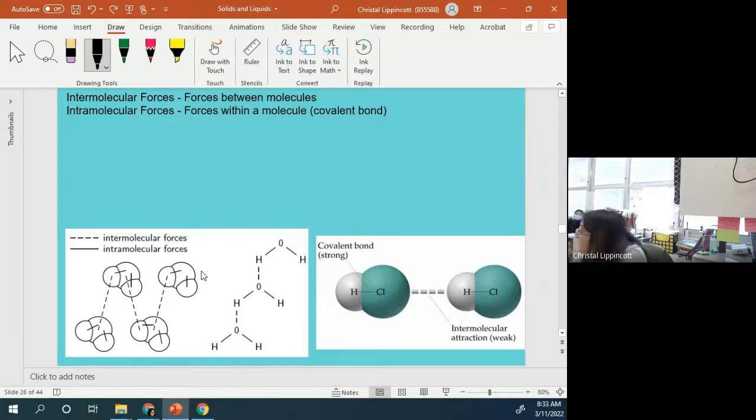Yes, it should be weaker. The bonds between these atoms here are much stronger than the bonds between the molecules. The bonds between the molecules are much weaker than the bonds between the atoms. Remember, one of the things that I like to talk about is like my arm, right? Could you rip my arm off of my body?